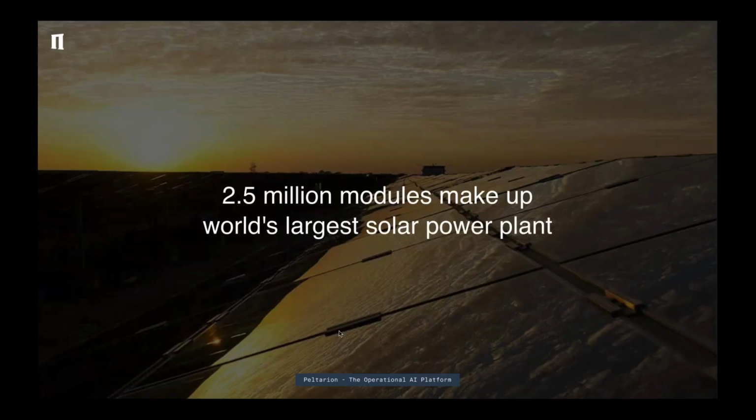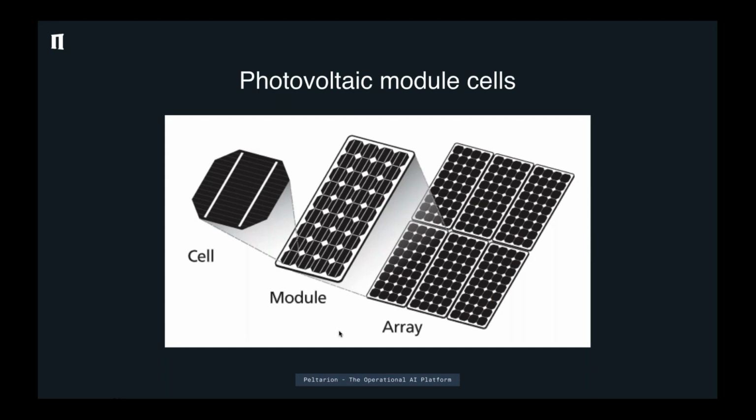And the particular use case we selected for today is solar panels. The largest solar power plant in the world has 2.5 million solar cell modules, which is quite a number. The terminology here is that a module is made up of individual solar cells, and these modules are in turn making up arrays or panels.